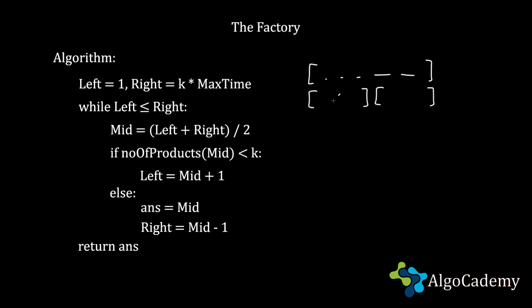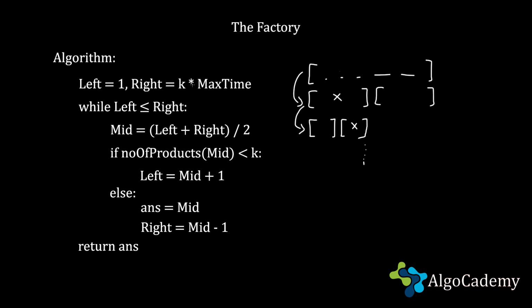And then let's say I kept the left half. Then I keep the left or the right half depending on what the algorithm does of this one. So let's say I keep this one, and so on and so forth, right? So I start off with a searching area of length k crossed max time, and at each step, the searching area basically has half the length of the previous one.